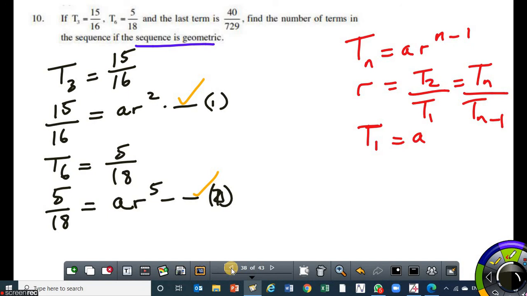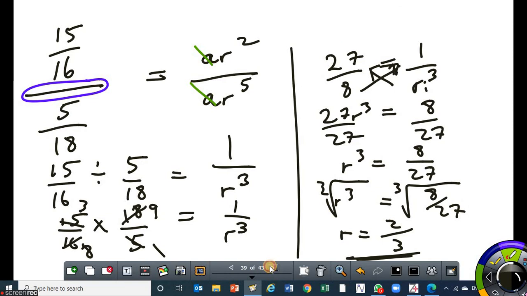Yes, it will be Tn equal to a times r to the power of n minus 1. Remember, I told you that the last term for a geometric sequence is a times r to the power of n minus 1. Okay? So that's Tn set to 40 over 729.